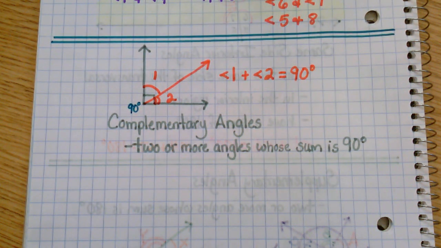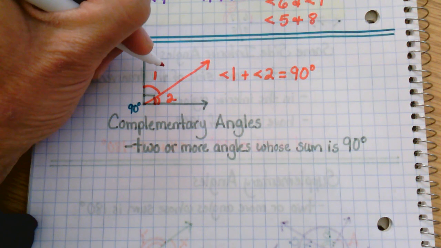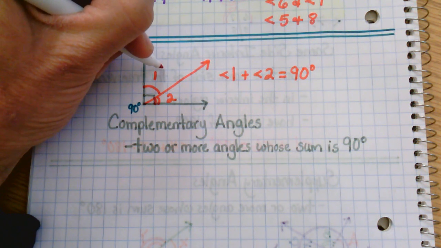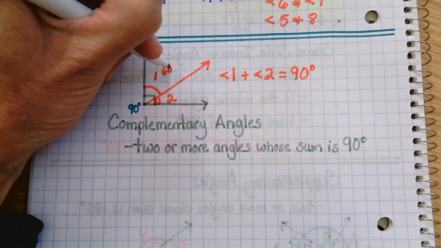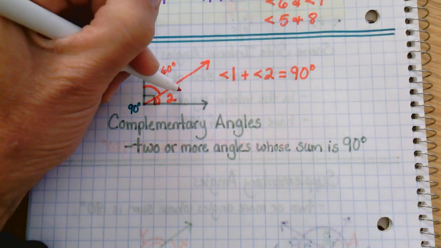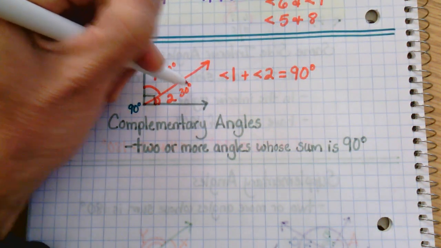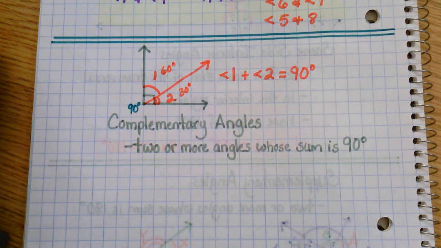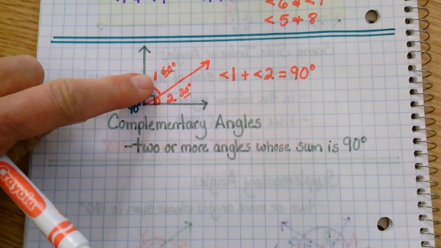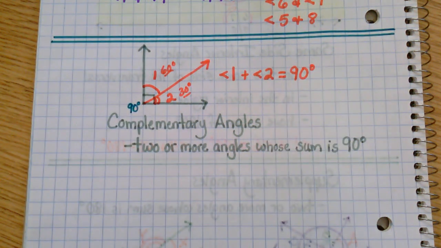Let me just make up some numbers here. Let's just pretend that this angle 1 is 60 degrees and this angle is 30 degrees. They would add together to have a sum of 90 degrees. Now remember, I just made these numbers up. They are not actually 60 or 30 degree angles, but they do add together to equal 90 degrees, which means they are complementary angles.